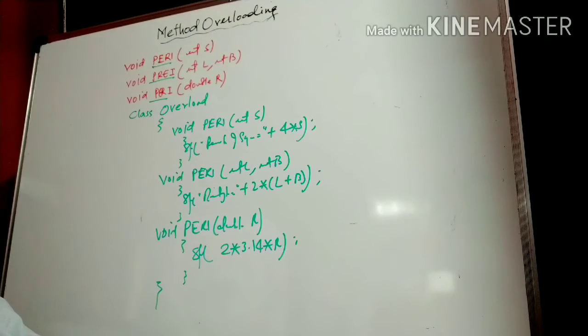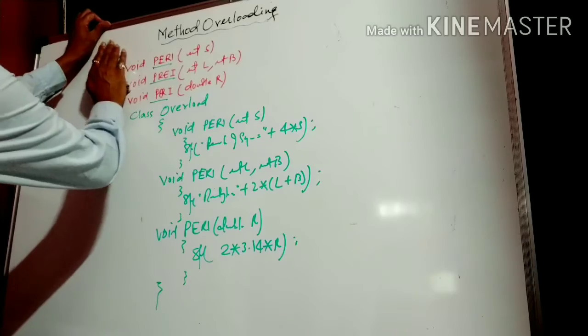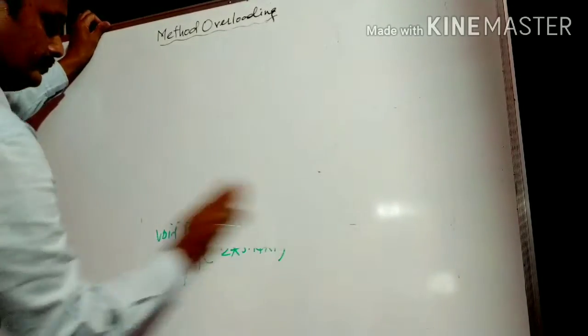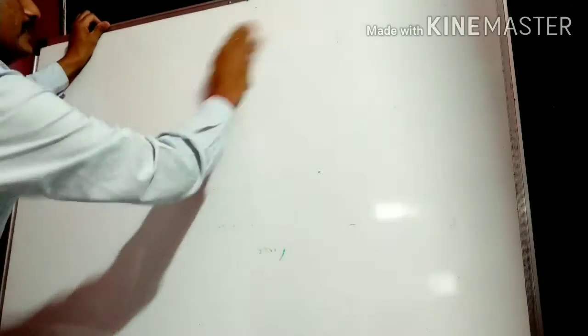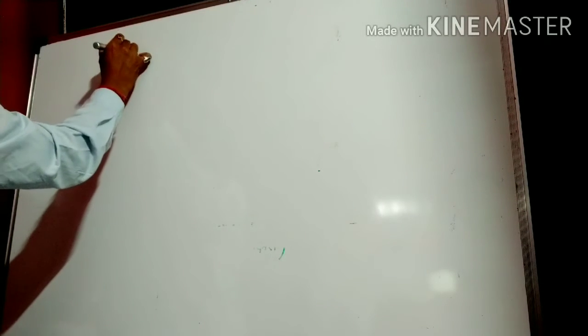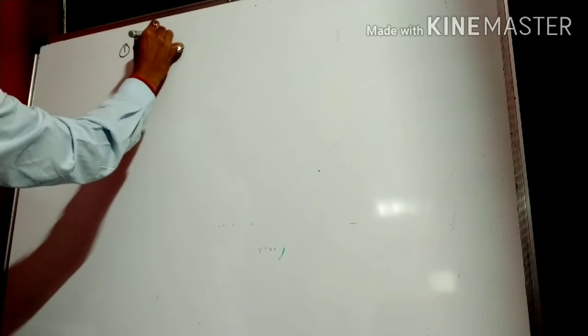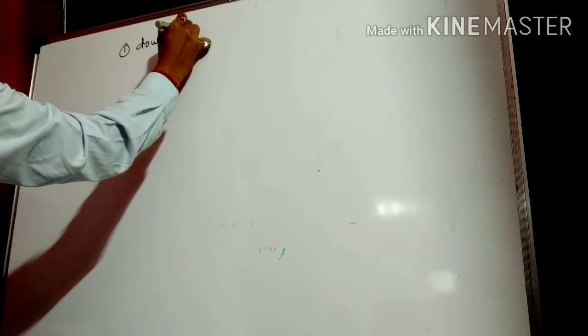One more question that is related to method overloading. That is a part of series. Suppose here is a method, return type double, with the name sum.